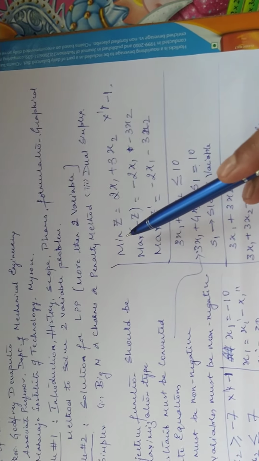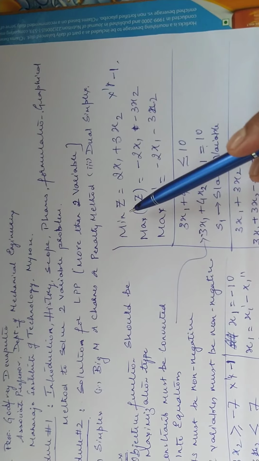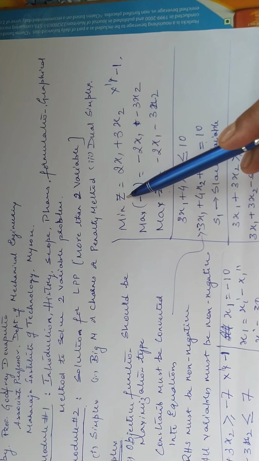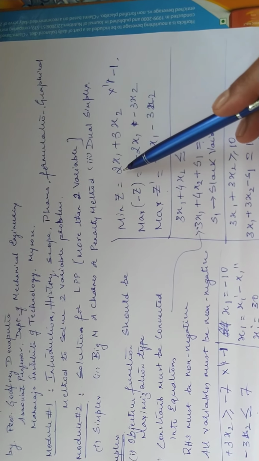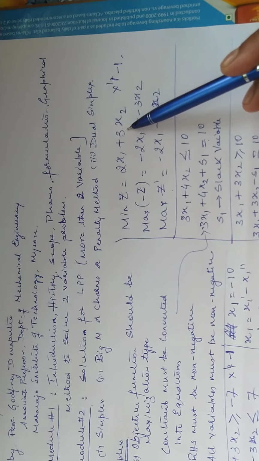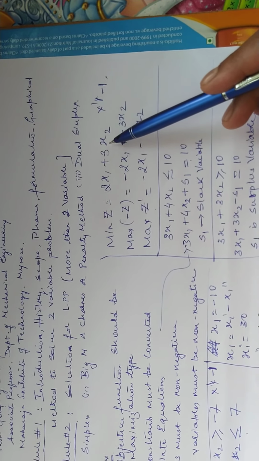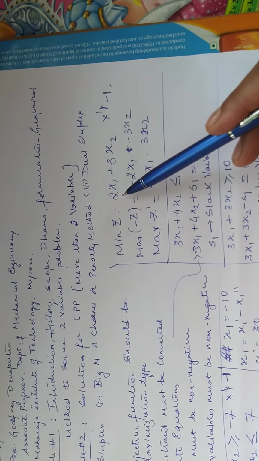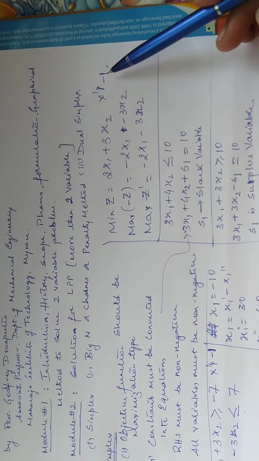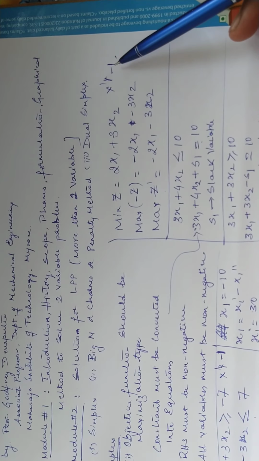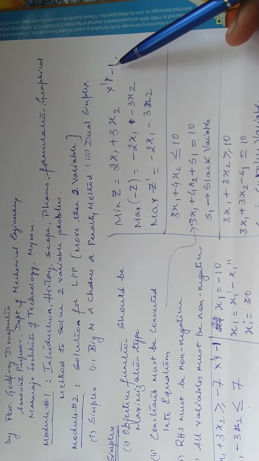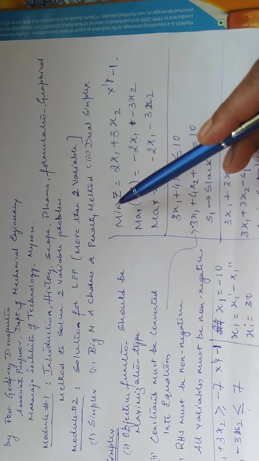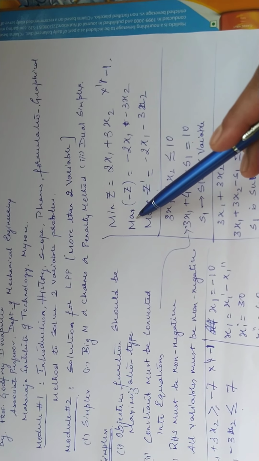To elaborate on the first condition, if there is a problem wherein the objective function is given as minimization of z is equal to 2x1 plus 3x2, as it is we cannot solve it by using any of these methods. Therefore we are supposed to convert it into maximization type by simply multiplying the whole equation by -1. When it is multiplied by -1, the minimization function gets converted to maximization type.